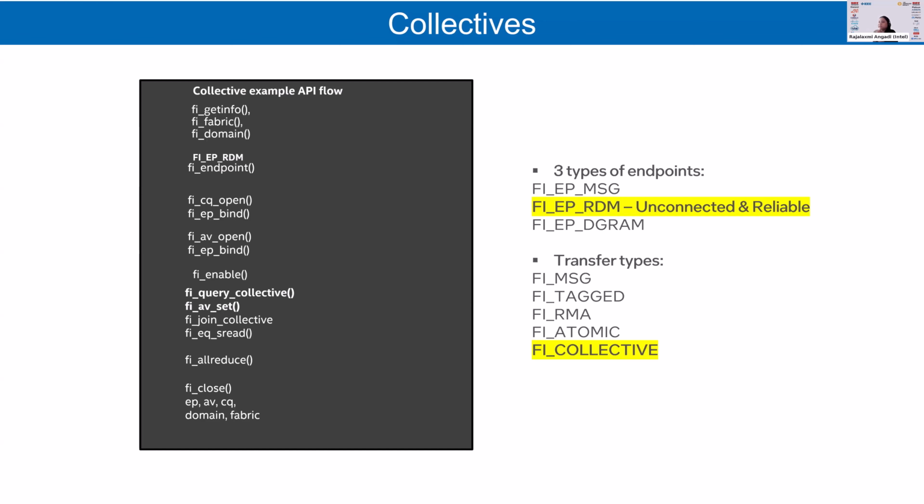Next we'll see the setting up of the communication group, which is join collective. To set up a collective, we call join collective. Then the AV set will have its own multicast address, which will be used to make the join based on this AV set. And we will have the set of endpoints in this new multicast group.